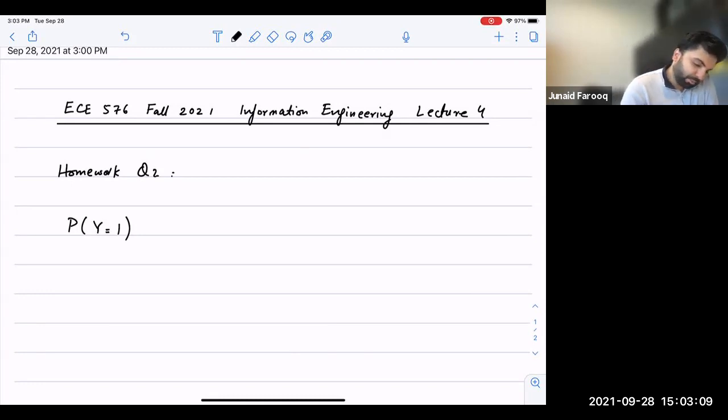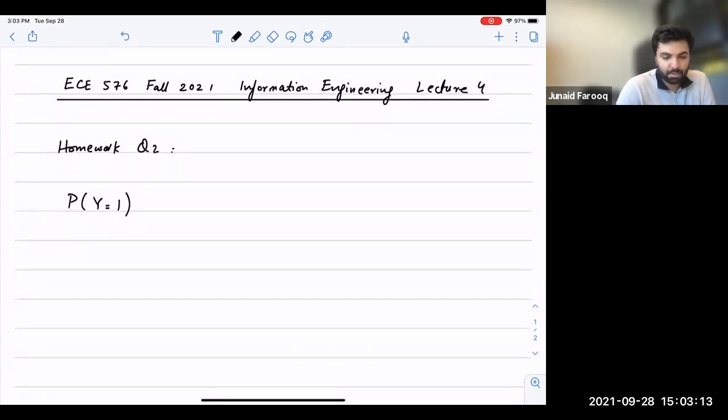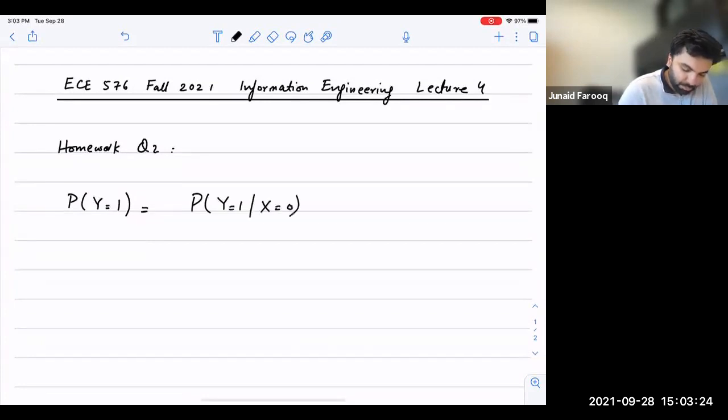So you could complete it by using those individual probabilities and averaging them up. In other words, you use the probability of y equals 1 given x equals 0 times the probability of x equals 0, plus the probability of y equals 1 given x equals 1 times the probability of x equals 1.